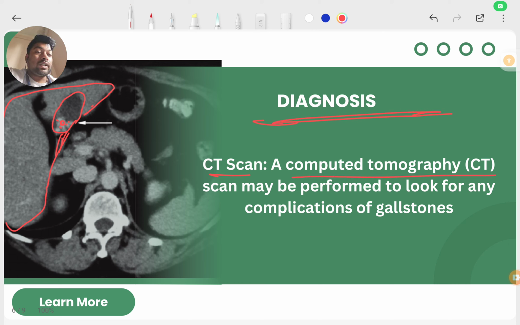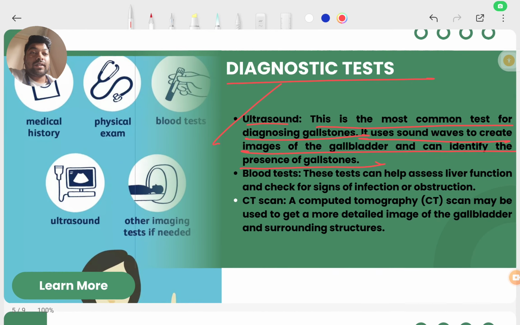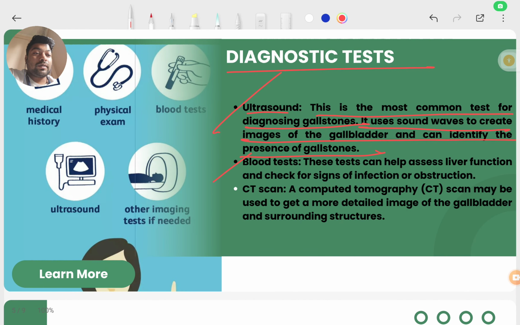A computed tomography CT scan can be performed to look for any complications of gallstones. Similarly, the next one is the blood test.